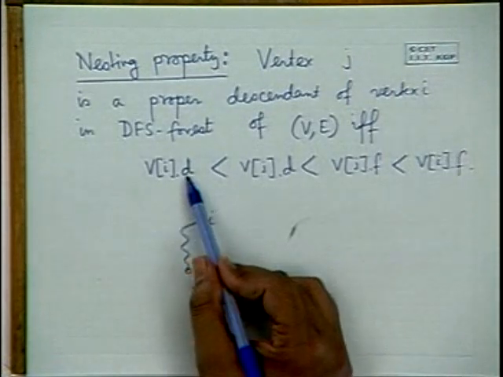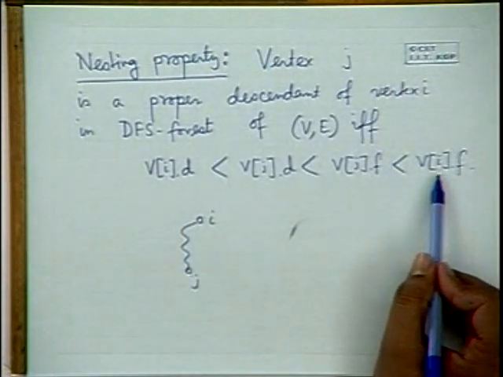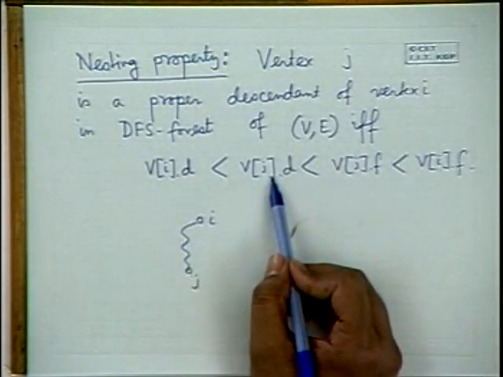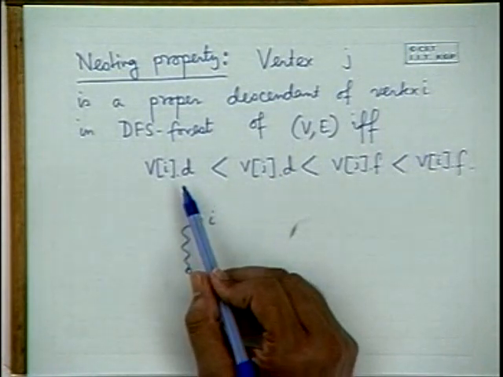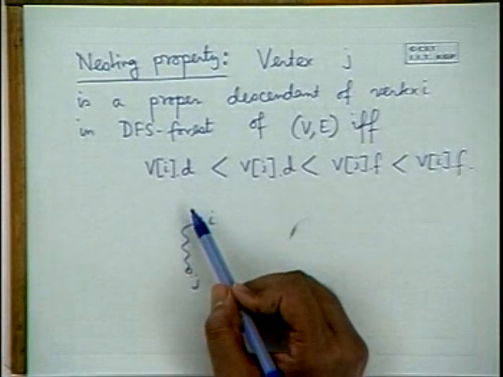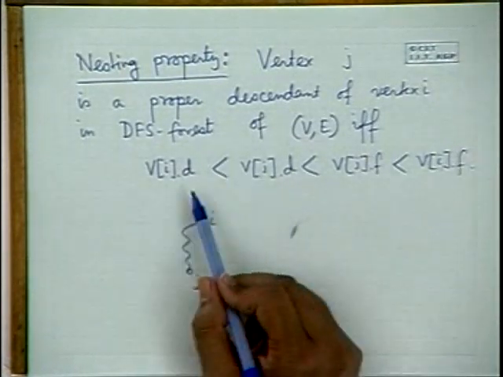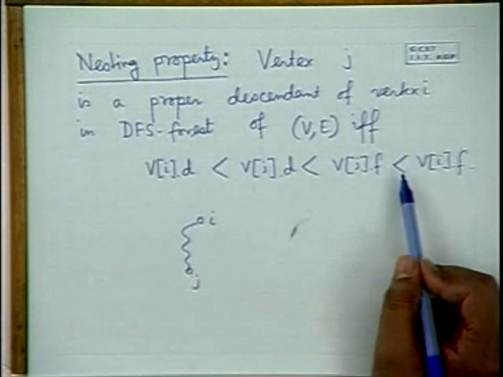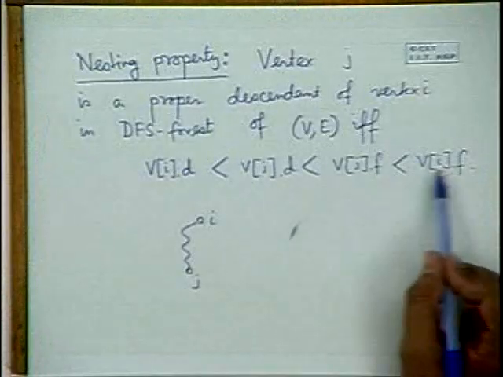So that's why Vi dot d is less than Vj dot d, because i is first visited earlier than j. That's why this inequality. Now both d must be less than f by definition. So these two must be less than this.